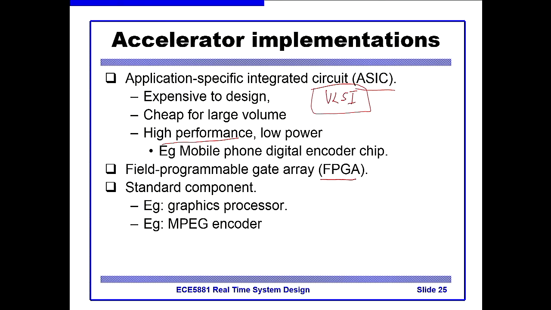The FPGA is typically on the order of 3 to 10 times slower than an application-specific integrated circuit, because you have to handle the configuration memory, and it's a fixed architecture that you have to match to within the FPGA. And finally, you can use standard components. So you can buy accelerators for MPEG encoding off the shelf, or a GPU-type structure.